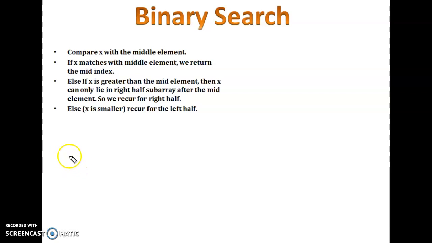So assume that you are going to have a set of elements like these. I have taken a simple example where you are going to consider 5 sorted elements. The main condition for binary search is it should be a sorted array.